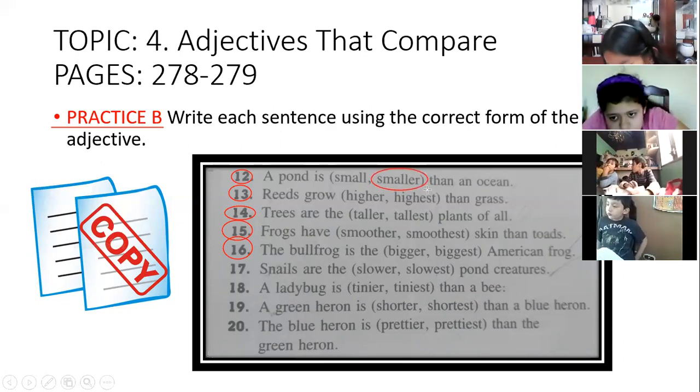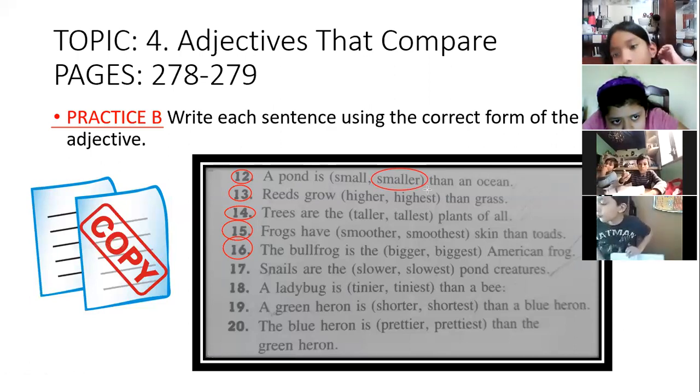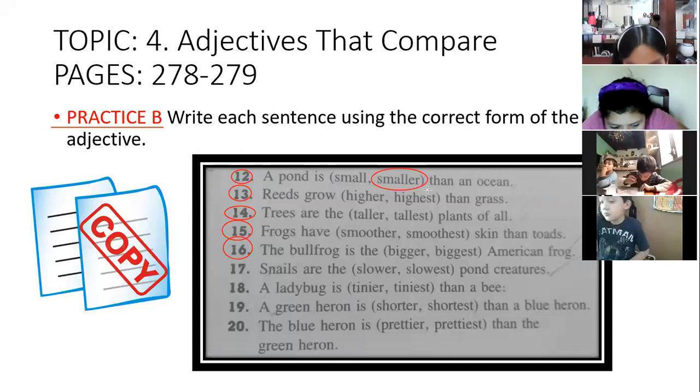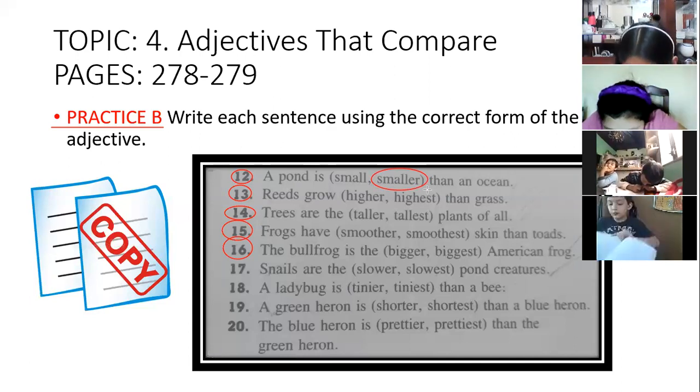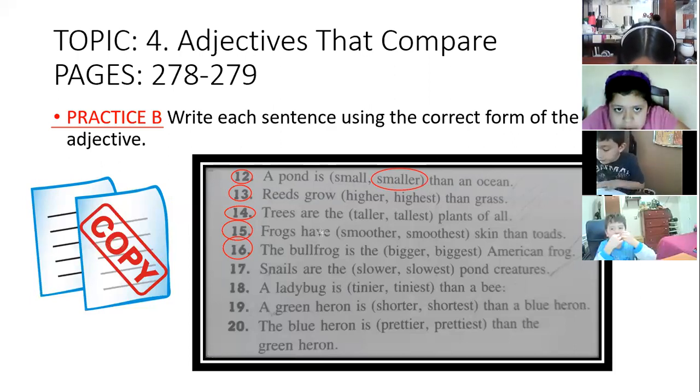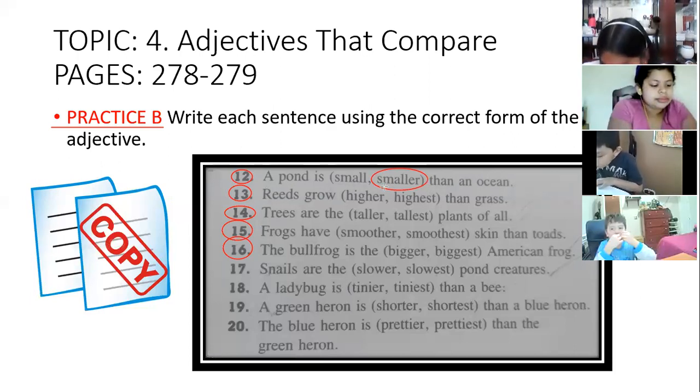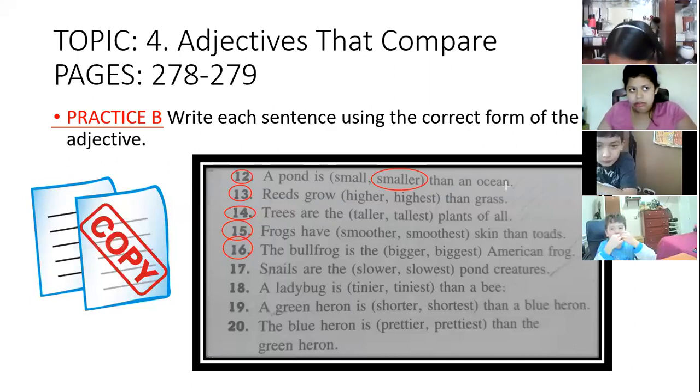You're going to copy the whole sentence, not only smaller, because sometimes some students do that. Don't just copy the word that completes the sentence. You have to copy complete sentences, okay? A pond is smaller than an ocean. What is being compared here? Pond and ocean, two things.